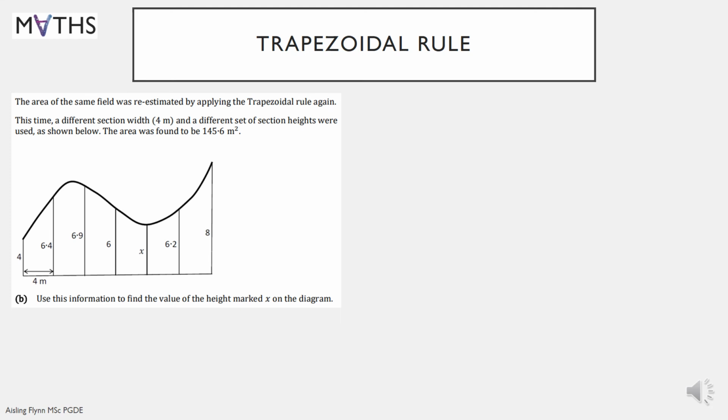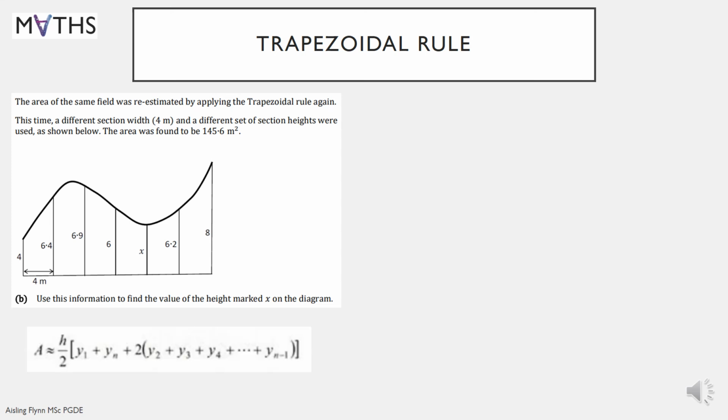The area of the same field was re-estimated by applying the trapezoidal rule again. This time a different section width, 4 meters, and a different set of section heights were used as shown. The area was found to be 145.6 meters squared. Use this information to find the value of the height marked x on the diagram.